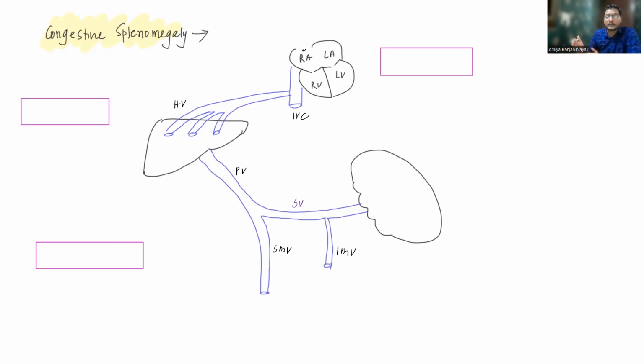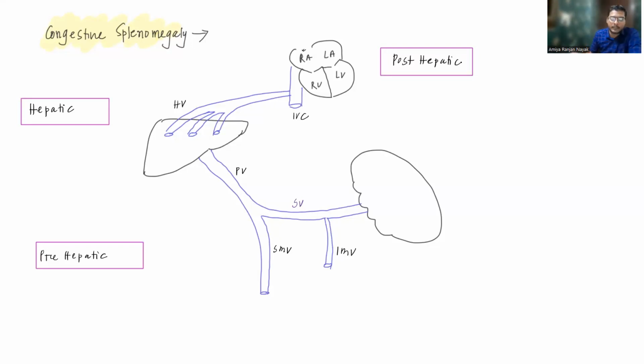Now, the impairment of the venous drainage can happen at various places, and this is divided into three subgroups. One is the pre-hepatic conditions, or it can be due to hepatic conditions, or post-hepatic conditions.